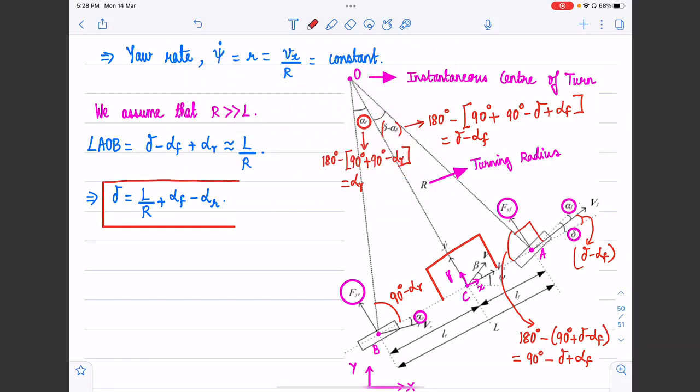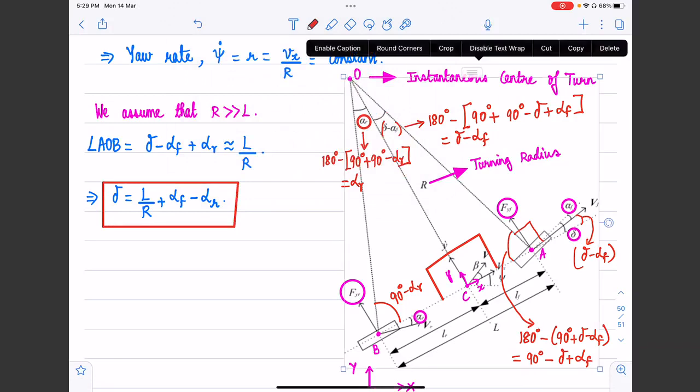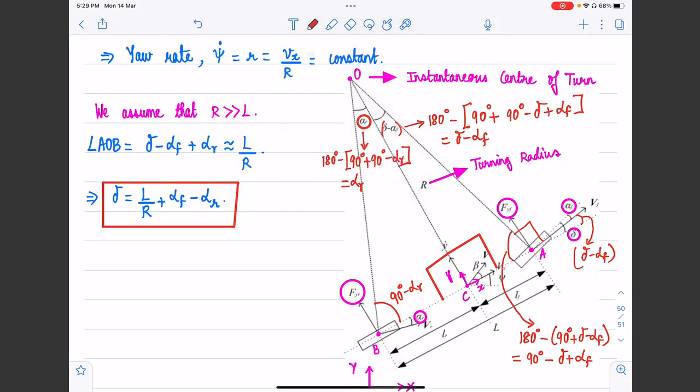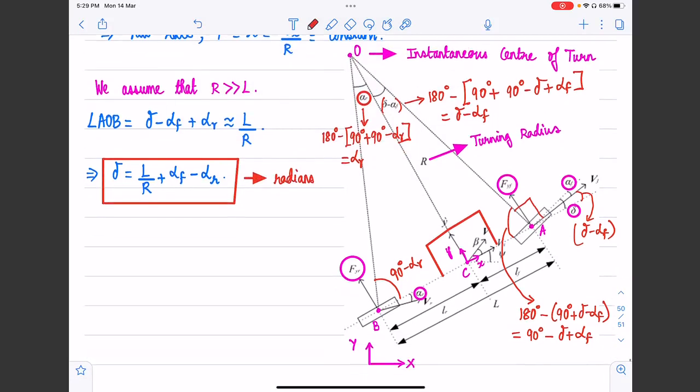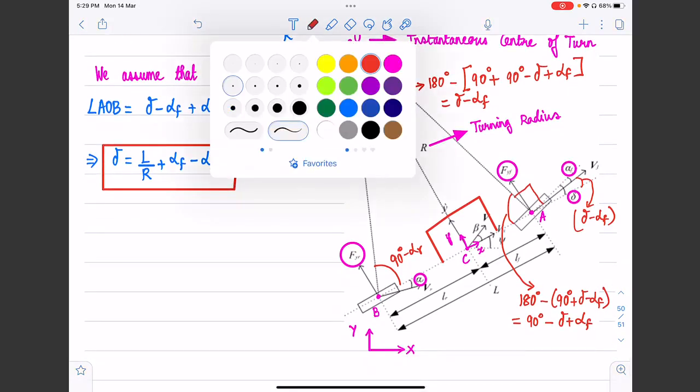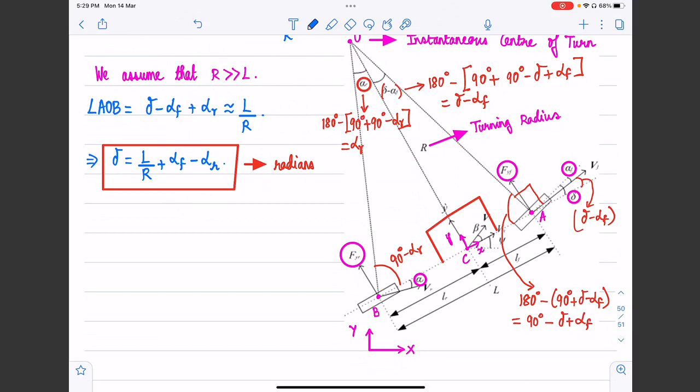However, through today's discussion, we have figured out under what conditions this is true. This equation, of course, is true when the units of all angles are in radians. By and large, we may use degrees also. When we use degrees, this equation is written as 57.3 L by R.